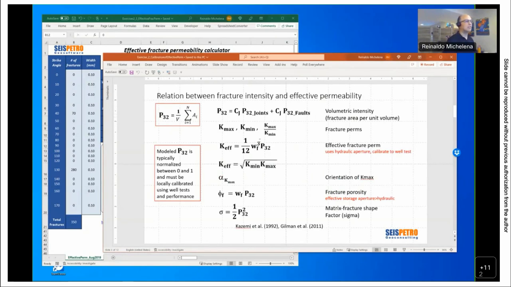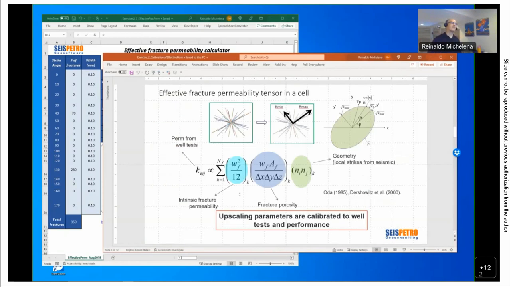Then there are all these relations: you can get sigma from P32, and you can relate the effective permeability, which is related to what you measure at the well, to P32 by changing the hydraulic aperture of your fractures. This is at the heart of the spreadsheet, solving the inverse equation.